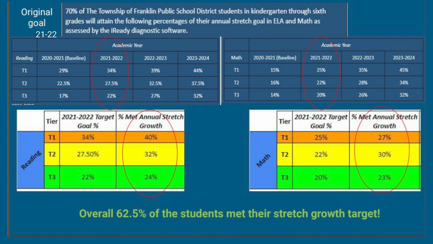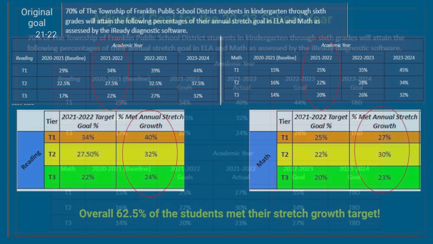So on this slide, if you look over on the chart for the 22-23 school year, we originally had 39%, 32.5%, and 27% for reading, but we had already met it. So when we created the goal for this school year, we upped the percentage of students that we wanted to reach their stretch growth.